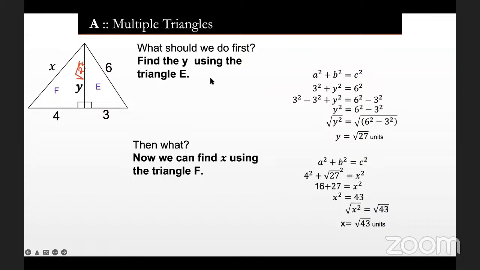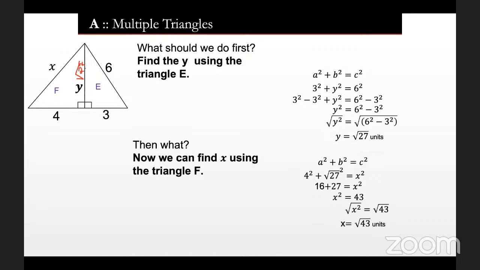And one of the things that you can also use is your square numbers, your perfect squares, right? So you might see an answer saying that the square root of 43 units may be between 6 and 7. Because if you square 6, you get 36, and if you square 7, you get 49, right?